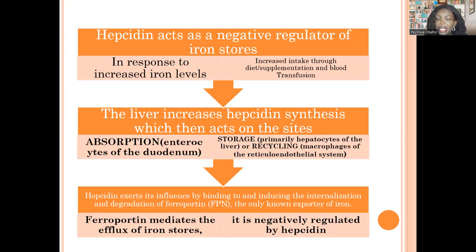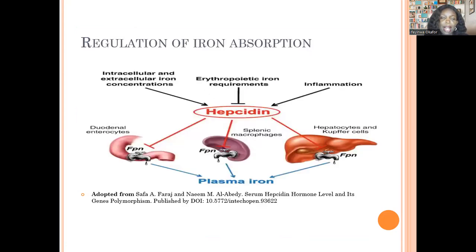Ferroportin is negatively regulated by hepcidin. Looking at this diagram here, regulation of iron absorption: when intracellular and extracellular iron concentration increases, or when the inflammatory processes in our system increase, these are triggers for production of hepcidin.